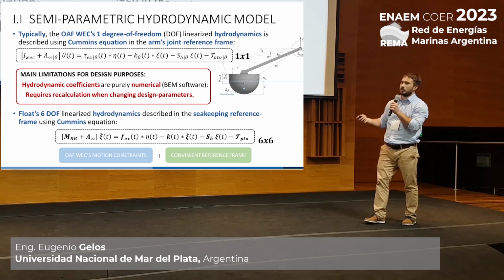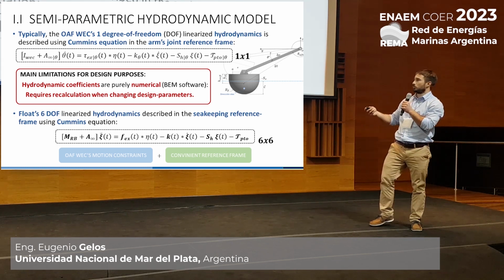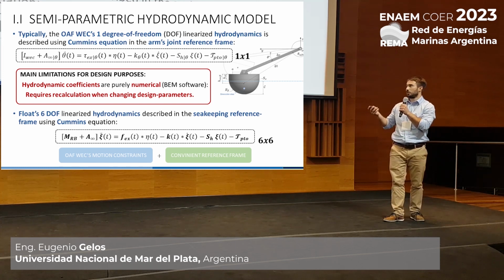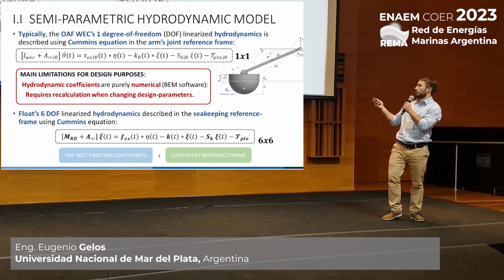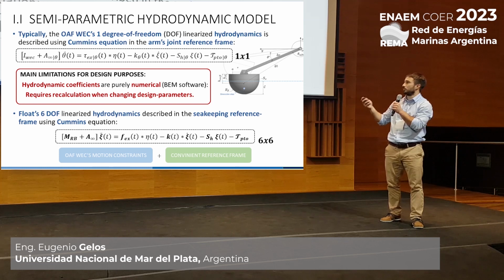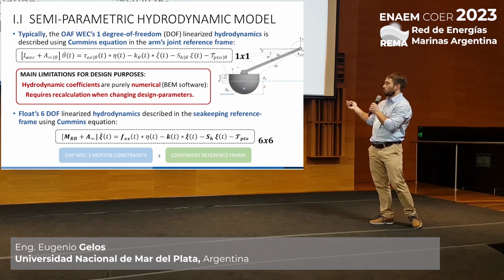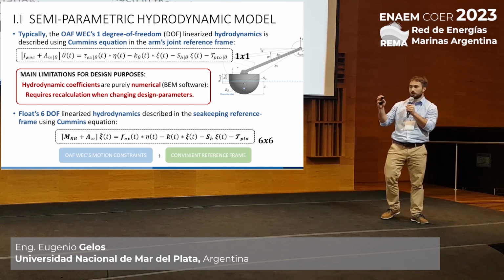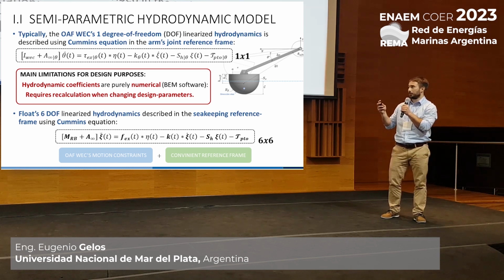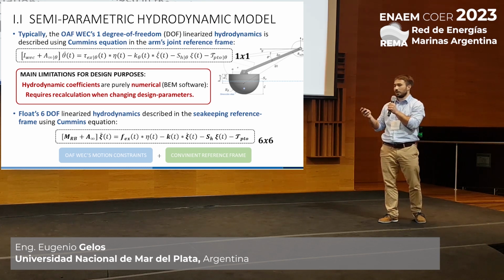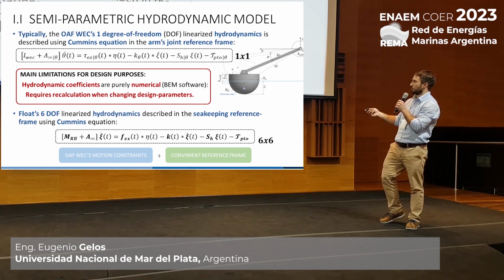In order to avoid this limitation and others, what we propose is to start from the float's 6 degree of freedom hydrodynamics described in the seakeeping reference frame using the Cummins equation, which are 6 motion equations in which all the hydrodynamic coefficients are 6 by 6 matrices.